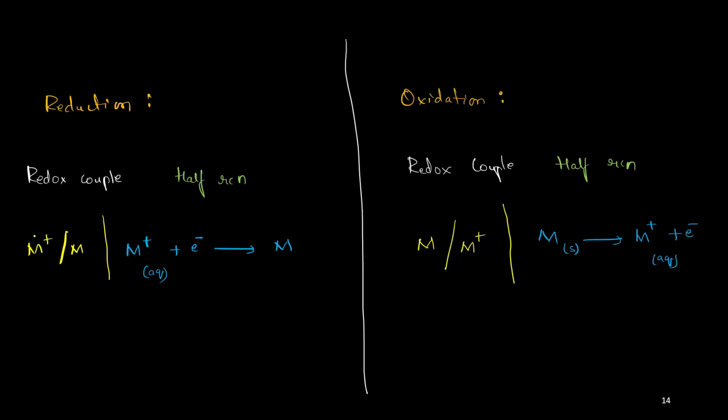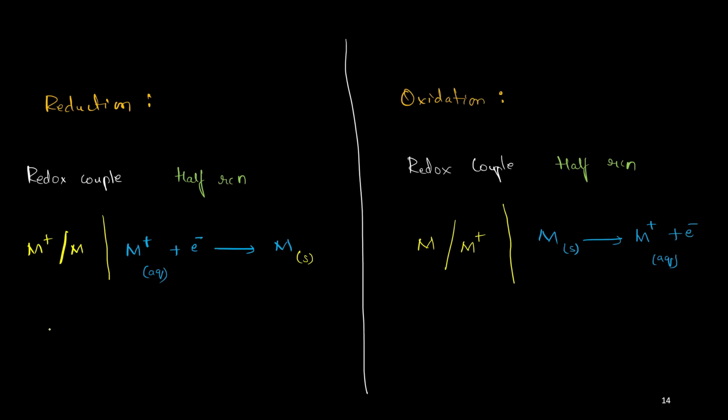So what is this redox couple? First, suppose this is the reduction reaction where a metal ion in aqueous solution is accepting an electron and converting into a solid metal. Remember, this is solid metal. You understood? Let me write in words if you are confused.